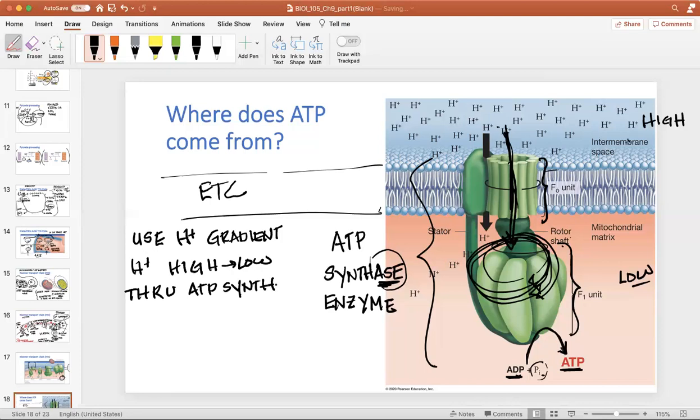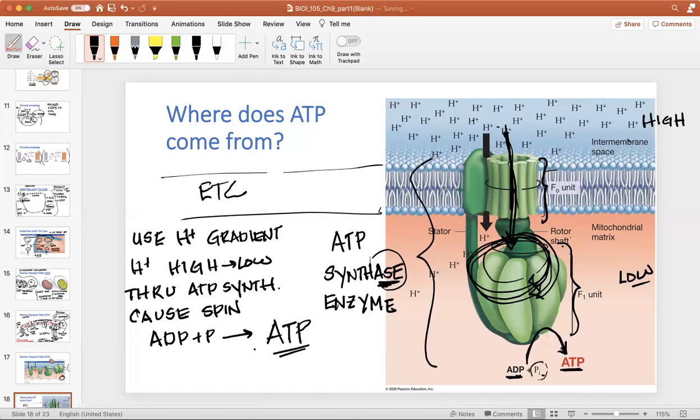I'm going to abbreviate. They move through ATP synthase. As they move through, they cause it to spin. And the spinning action takes ADP plus a phosphate group and turns it into ATP.